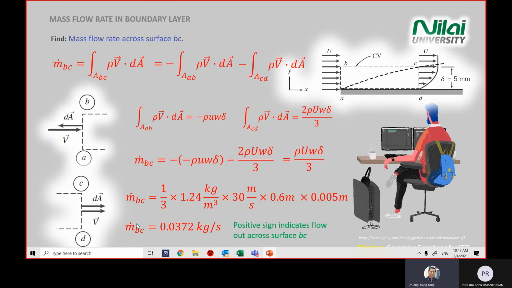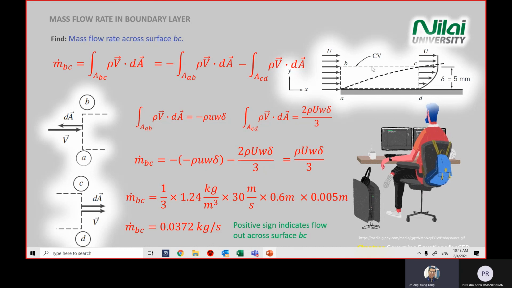This is how we analyze. In the hand calculation, we know that m dot across BC is positive, which means that the flow is flowing out from this domain, which agrees with the normal behavior of the flow, because you can see here the flow goes from left to right, so the flow will go up a little bit and then continue its journey to the right.